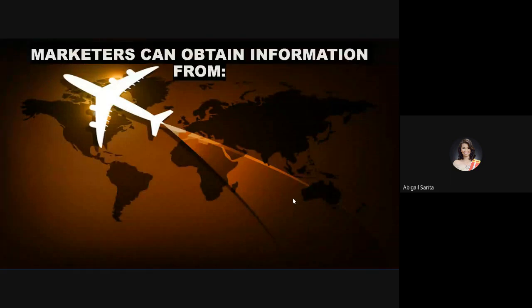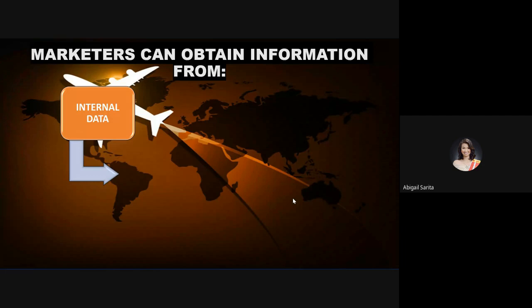Now, how are you going to obtain those kinds of information? So we have different actions or factors to consider, or we have different strategies on how are we going to obtain or get information from our customers or from our clients. First is internal data.